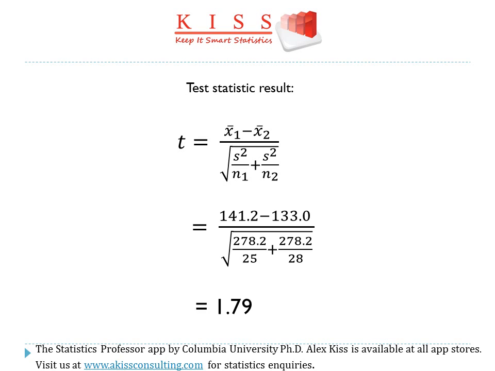Therefore, we fit these values that we know, the means of the two groups and that pooled variance, into our test statistic, and we obtain a t-value of 1.79.